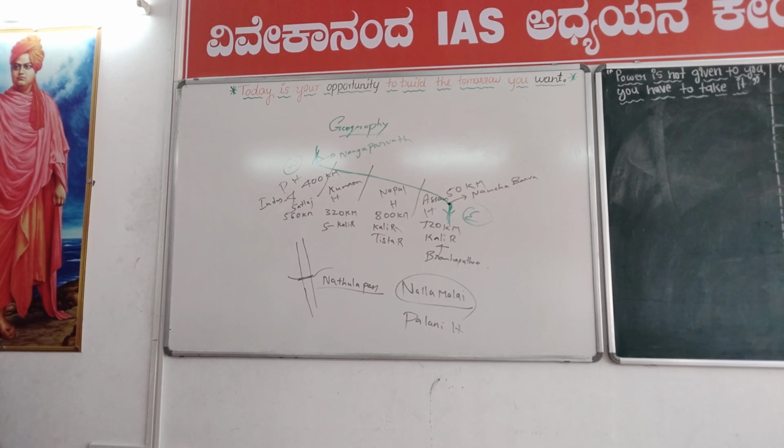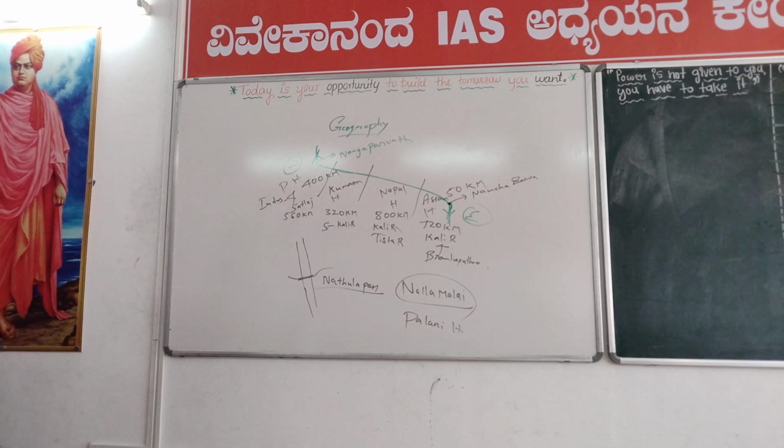And more delta on which side? Western coast or eastern coast? Eastern coast. More deltas on the eastern coast, correct? Estuary? Western coast. Why estuary on the western coast? Why delta on the eastern coast?